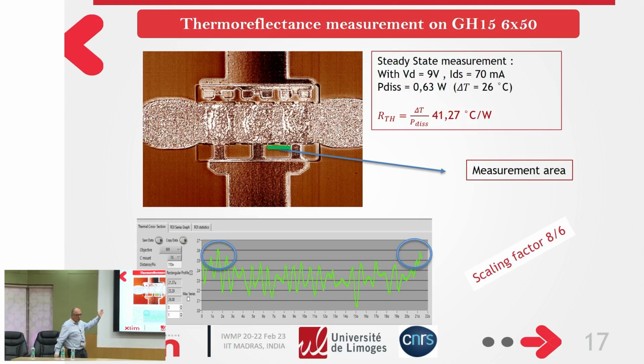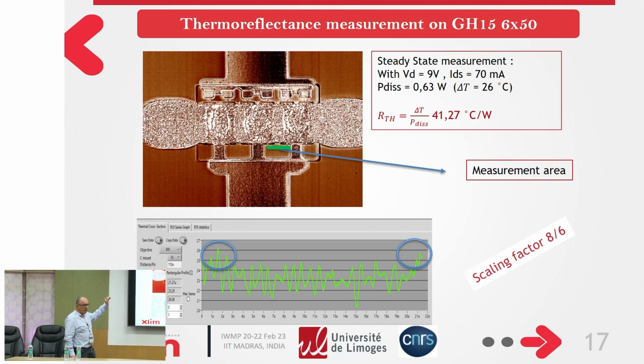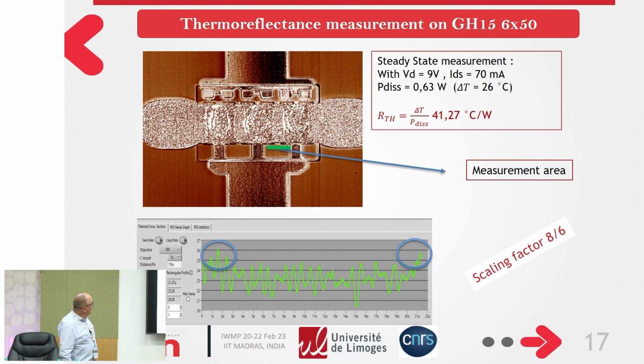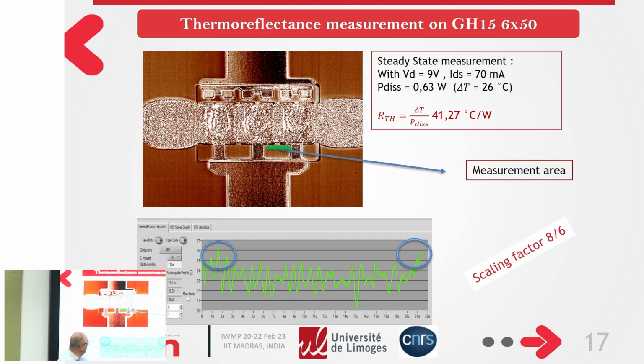The first measurement was performed on an 8 by 50 transistor from GH15. This one is on a 6 by 50 development. We perform on this the measurement here also at the end of the gate.